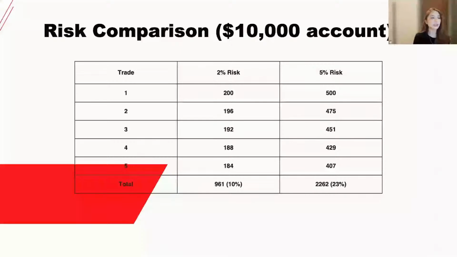If you put your account at a maximum of 2% risk and you take 5 trades, that will amount to $961 out of your $10,000 account, about 10% of your account. If you take 5% risk per trade, then after all 5 trades have lost, we will be looking at $2,262, or risking the amount at a 23% mark.